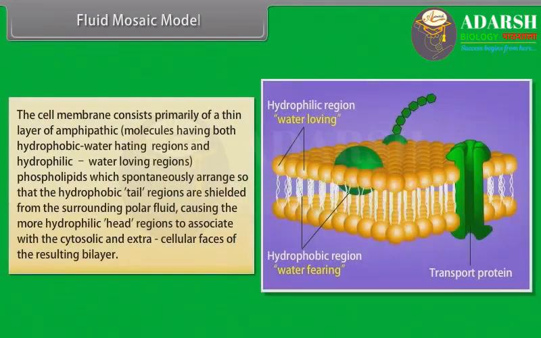The cell membrane consists primarily of thin layer of amphipathic molecules having both hydrophobic, water-hating, regions and hydrophilic, water-loving, regions, phospholipids which spontaneously arrange so that the hydrophobic tail regions are shielded from the surrounding polar fluid, causing the more hydrophilic head regions to associate with the cytosolic and extracellular phases of the resulting bilayer.